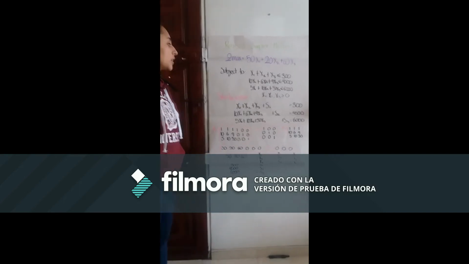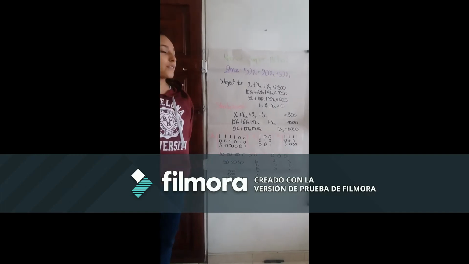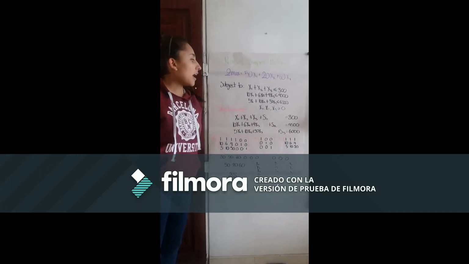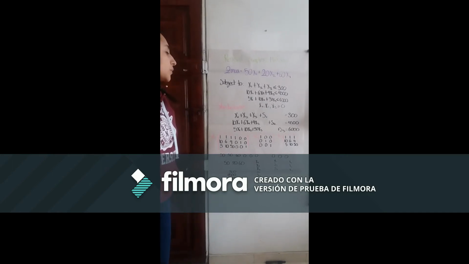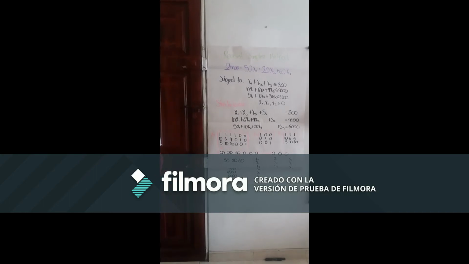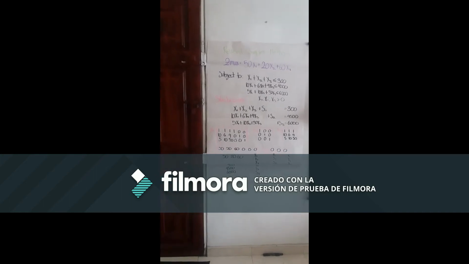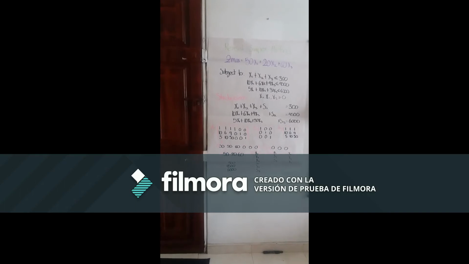We have to write all the restrictions with a respective s and equal the results. Then we have to pass from this model to the matrix model to create a lot of matrices to do all the steps.